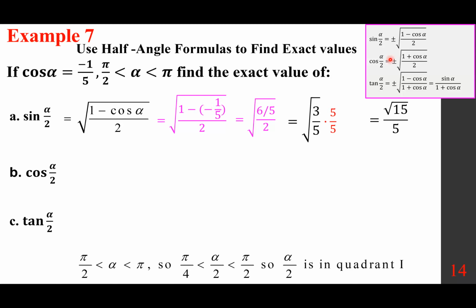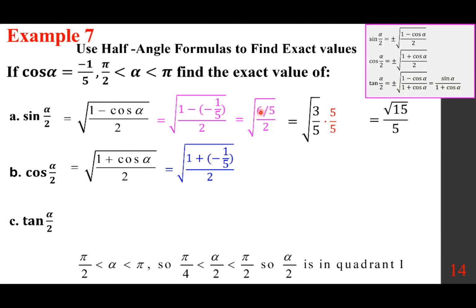Cosine, again, we're going to use the plus sign, and practically it will be the same thing here, but with the plus sign. So plus minus, 1 plus 1 over 5, and therefore 6 over 5 now changes to 4 over 5. 4 over 5 divided by 2 means 2 over 5.